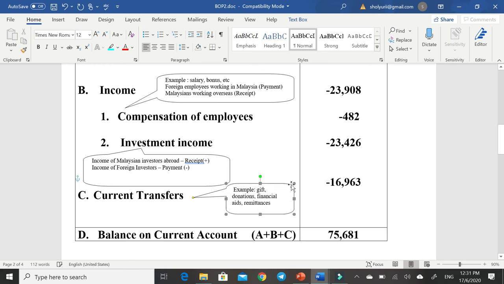This is purely investing money, not building factories or anything. And this is the summation of those two. Okay, you will get negative 23,908.